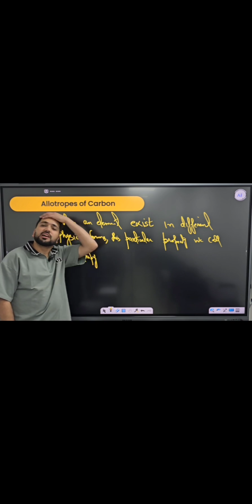And the different physical forms are called allotropic forms.